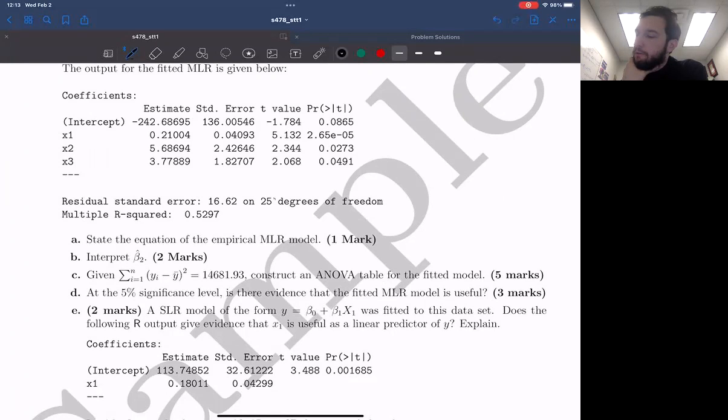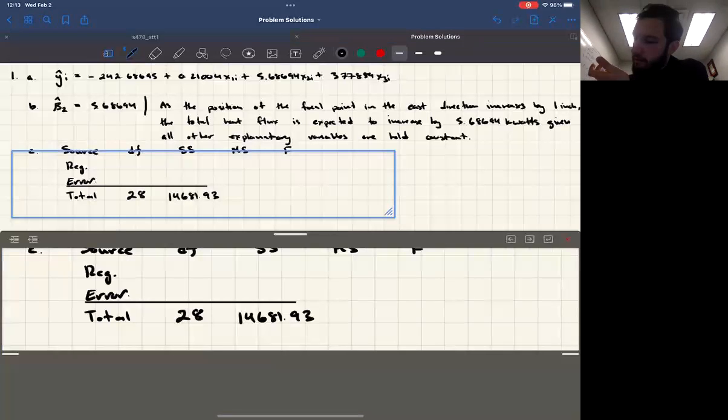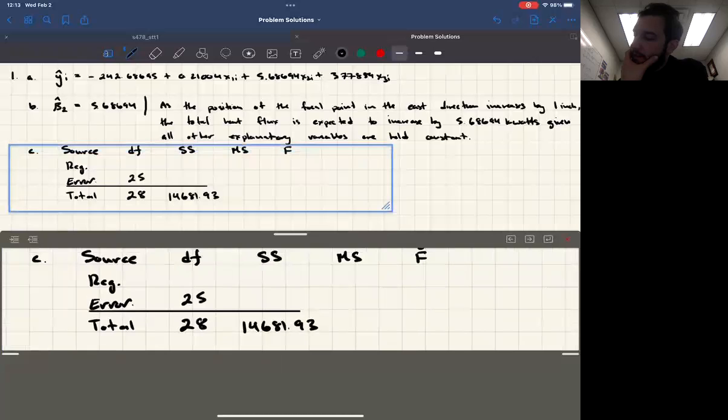This degree of freedom for the residual standard error is actually the DF error. So this is going to be 25, and that makes this equal to 3. Now, it's actually very easy to work out DF regression because DF regression is simply the number of slope variables in the model, right? So we have 1, 2, 3 coefficients. So that's another way of working that out.